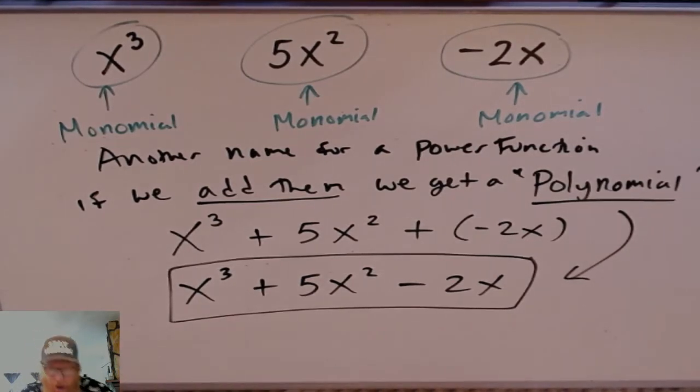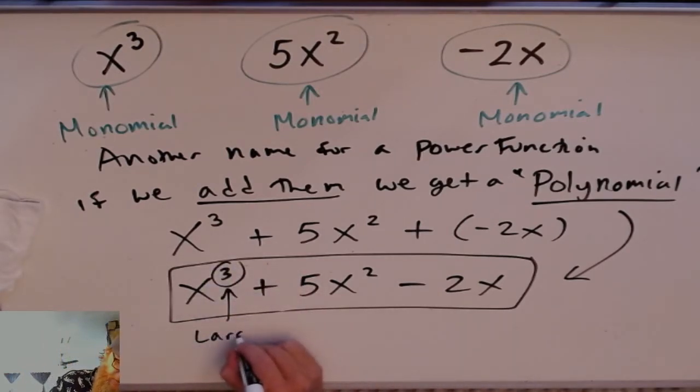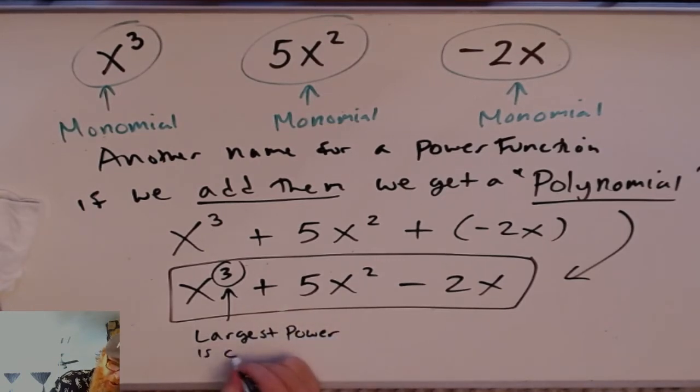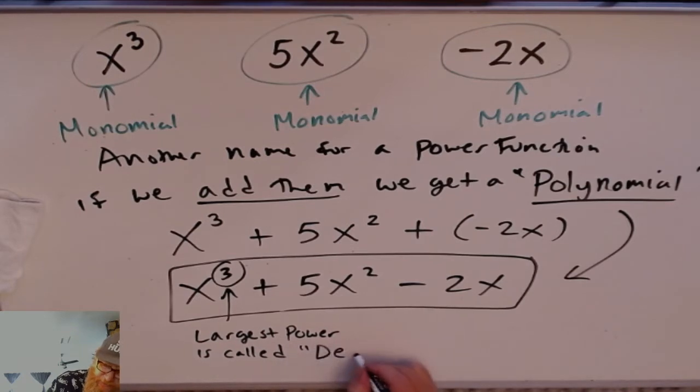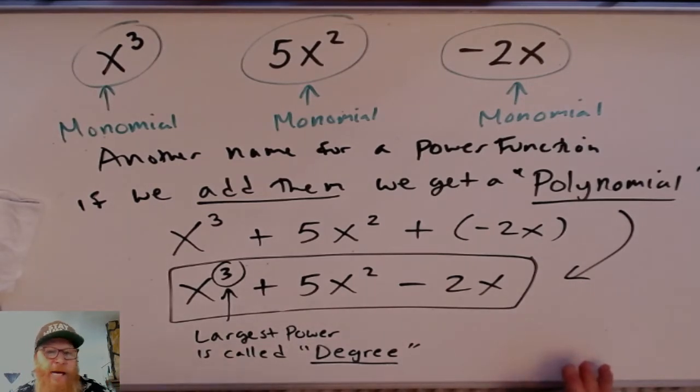So a polynomial has some important terminology. The largest power is called the degree. It's called the degree of the polynomial. So we call this a third degree polynomial, or degree 3.